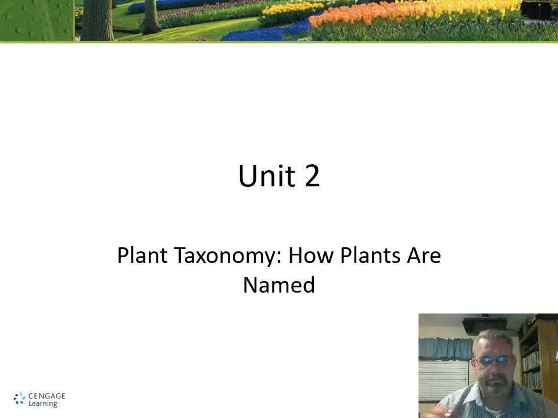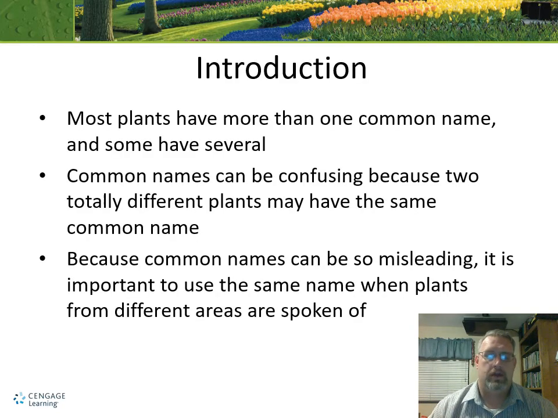One of the real key things that I'm going to talk about is that plants have a common name, which we know of and we may talk about quite a bit, but they can have more than one common name based on different locations, based on different languages.